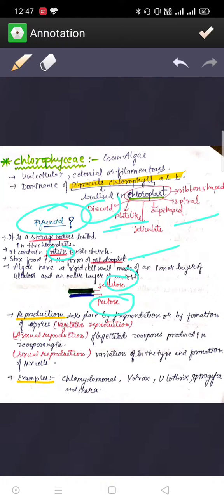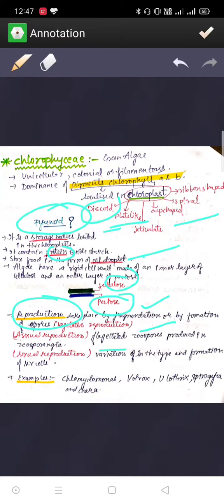So what kind of reproduction takes place? It has three types of reproduction: vegetative reproduction, asexual reproduction, and sexual reproduction. Vegetative reproduction takes place by fragmentation, and asexual reproduction takes place with spores or zoospores, which are flagellated.